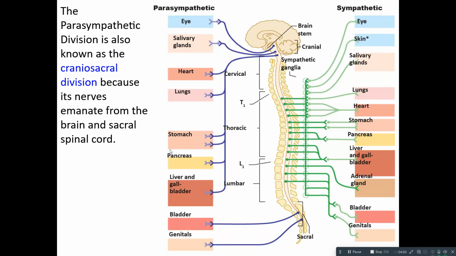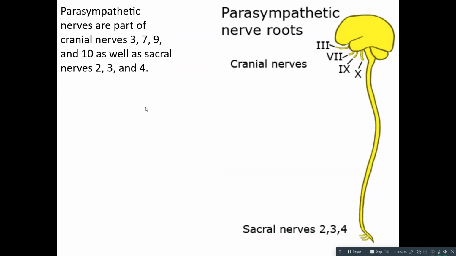The parasympathetic division, on the other hand, is known as the craniosacral division because we can see its neurons coming out of the brainstem, that's the cranial part, as well as out of the sacral spinal cord, so craniosacral. And in fact, the cranial nerves that have parasympathetic motor neurons within them are cranial nerves 3, 7, 9, and 10.